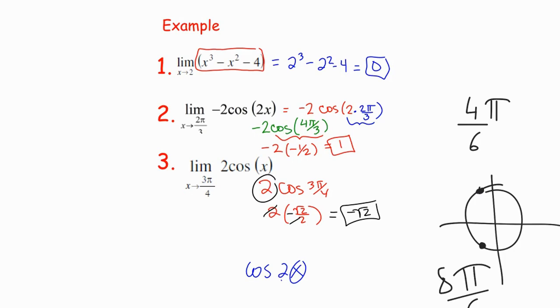So the cosine for that one, they ended up getting 1? Oh, because you multiply by -2. Well, the cosine ends up being -1 over 2, but then when you multiply it by -2, you end up getting 1.